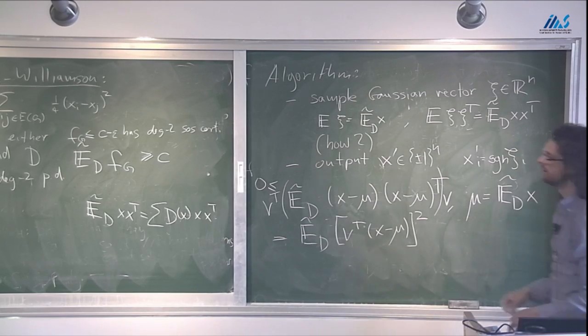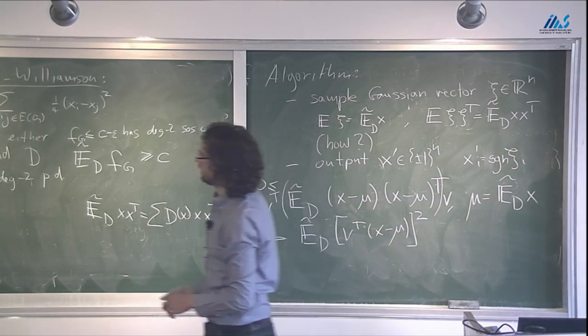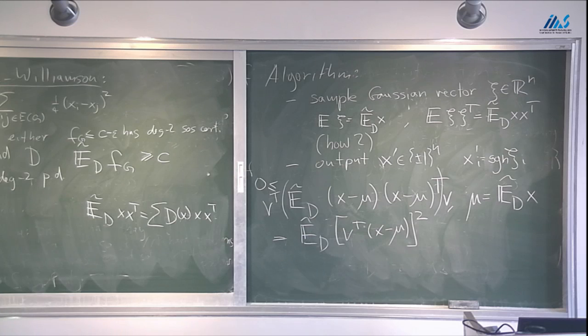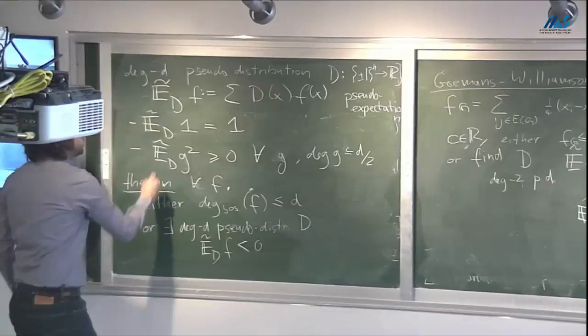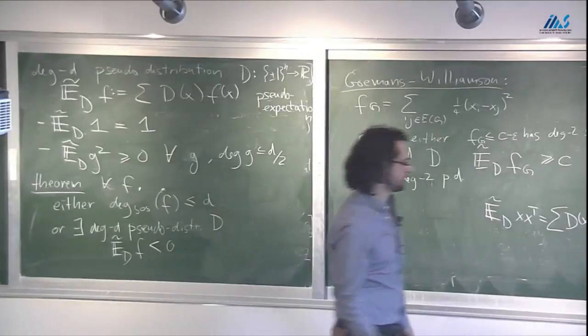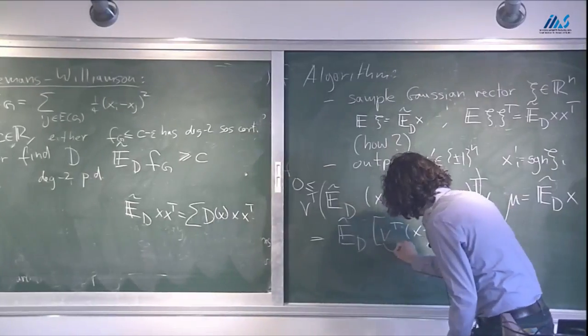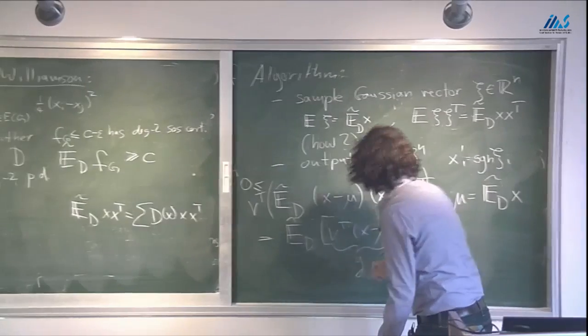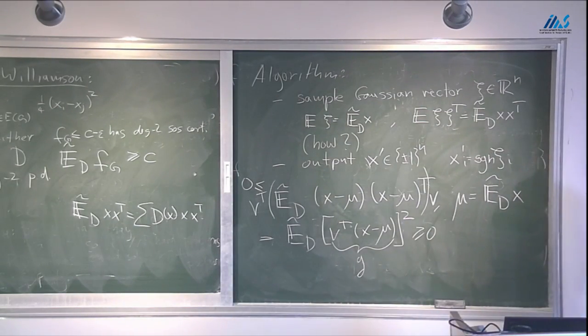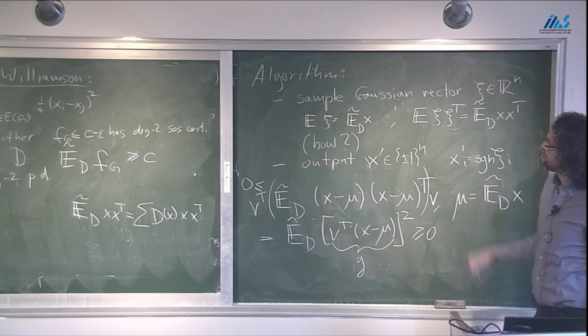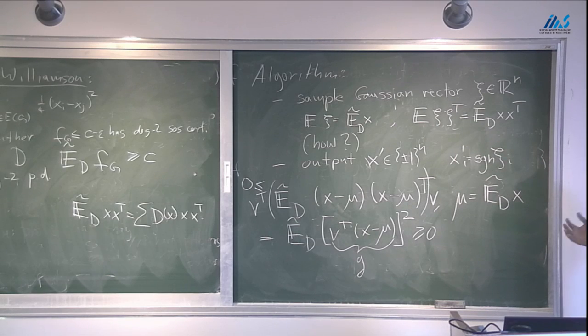Because we have a degree 2 pseudo distribution, it means that for every linear function g, the pseudo expectation of g(x) squared is non-negative. So g would be this function in this case. So that's indeed non-negative. This means that at least the Gaussian distribution exists.